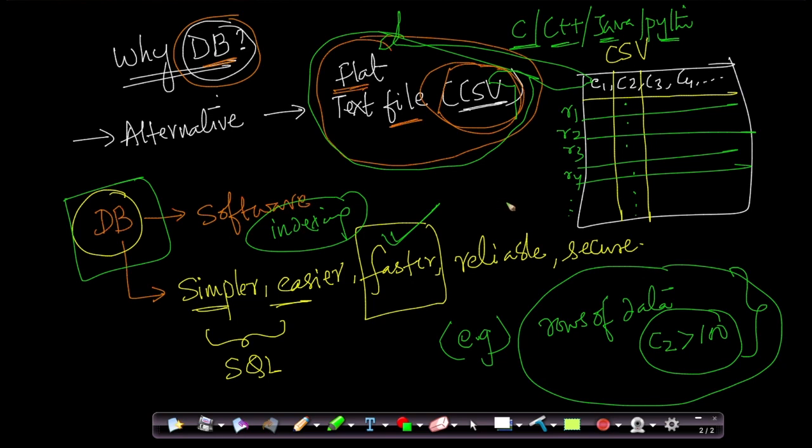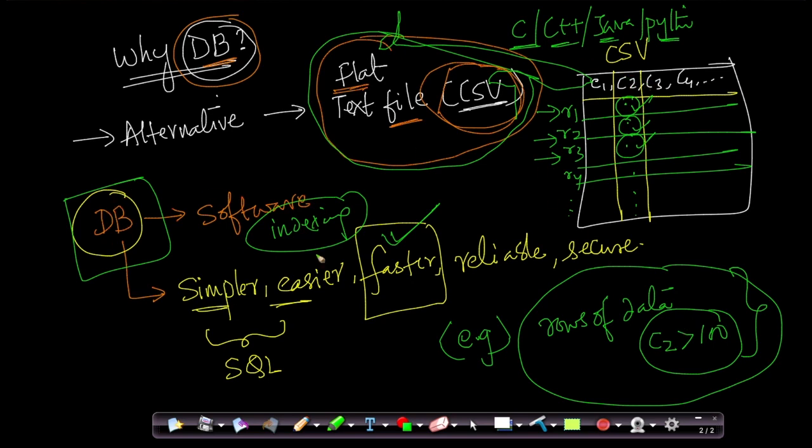You have to write code saying that, okay, first load this data, then go row by row. When you go row by row, check if each of these values is greater than 100 or not. If it is, then return, or else don't return. So you have to have knowledge of lots of programming. You have to be able to explain how to retrieve this data, right? Which many people may not have.